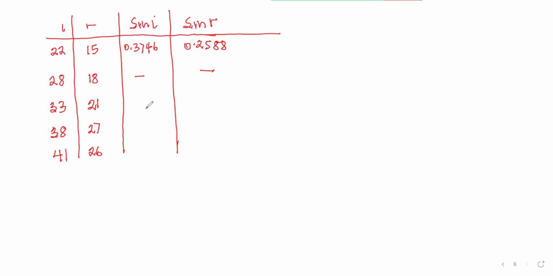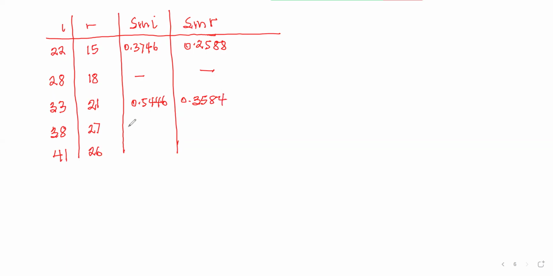This is also omitted. Sine of 33: 0.5446, 0.3584.